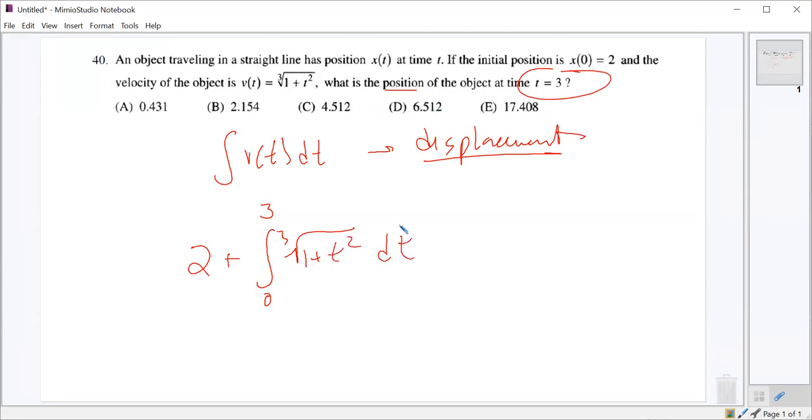And your graphing calculator will do the evaluation for that for you. It'll integrate the 0 to 3 of cube root of 1 plus t squared dt, and then add 2 to it.